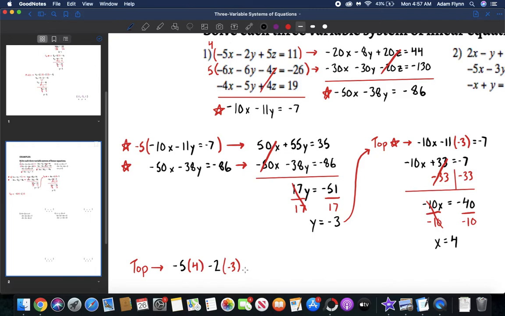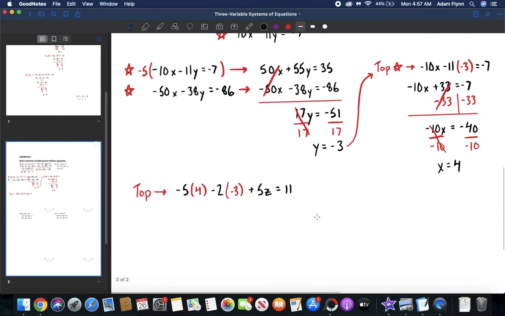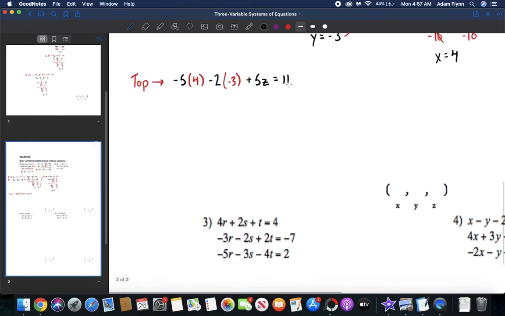And then plus 5z equals 11. Okay, so if I combine some stuff here, negative 5 times 4 is going to be negative 20. Negative 2 times negative 3 is going to be a positive 6.